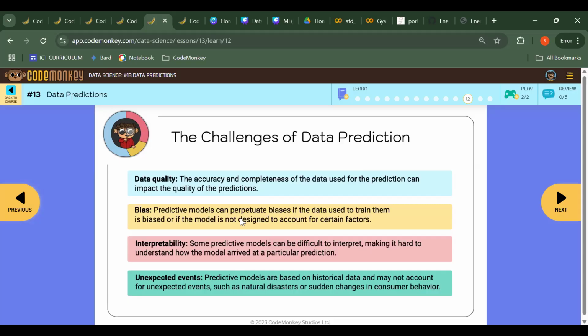That is the bias. Your guess won't be fair. You should ask both boys and girls. The bias affects the data prediction.